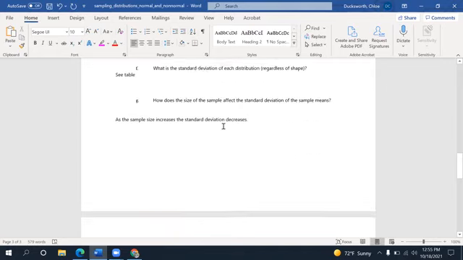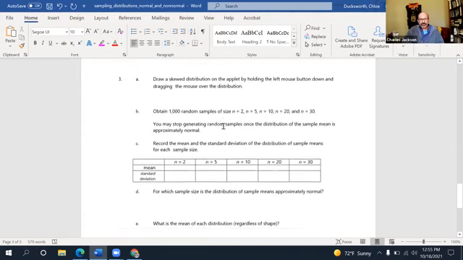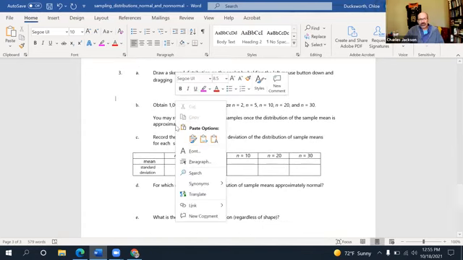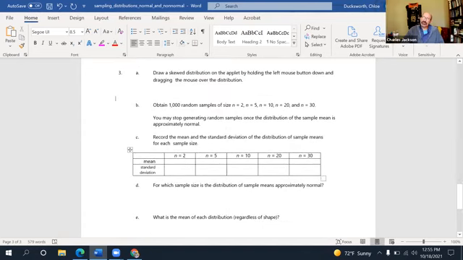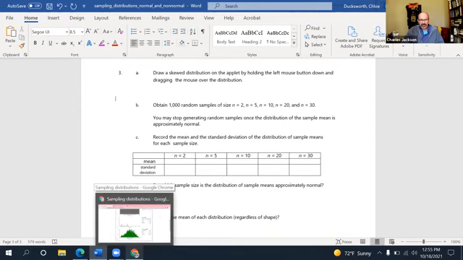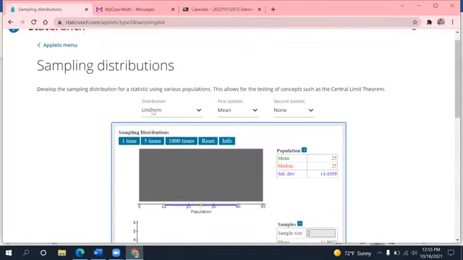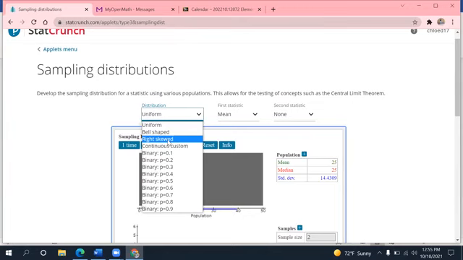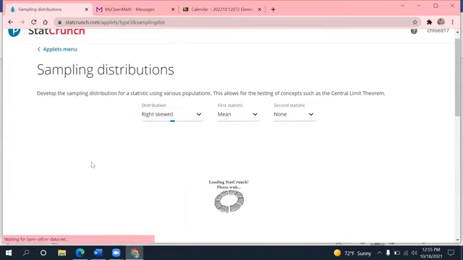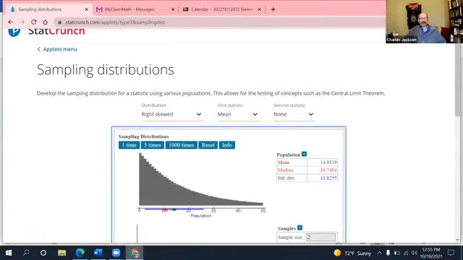Is this a new one? Yeah. Okay, so it was normal, it was bell shaped, then it was uniform, and now it's going to be skewed. So yeah, go ahead. Yeah.